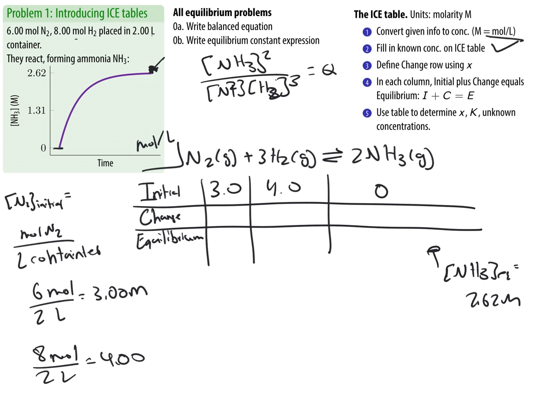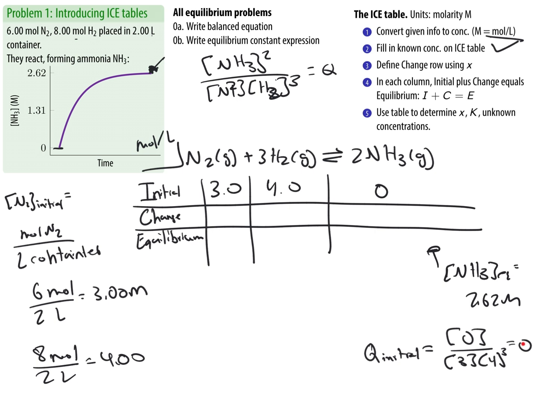Next, though, let's do the change row. The change row is always defined using X. Usually, how this is going to work is that we'll define it as minus a certain number of X's for reactants and plus a certain number of X's for the products. That's because in this case, if we look at our initial Q, it's 0 divided by 3 times 4 cubed, which is just 0.